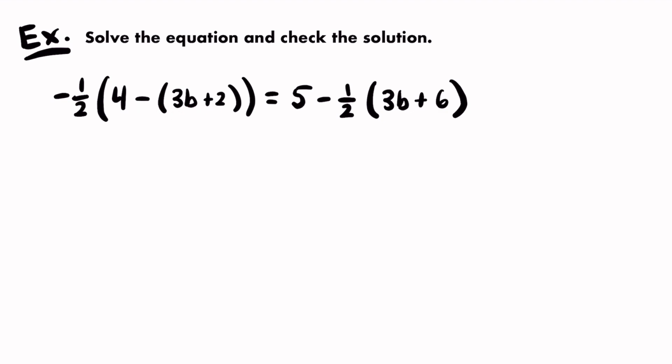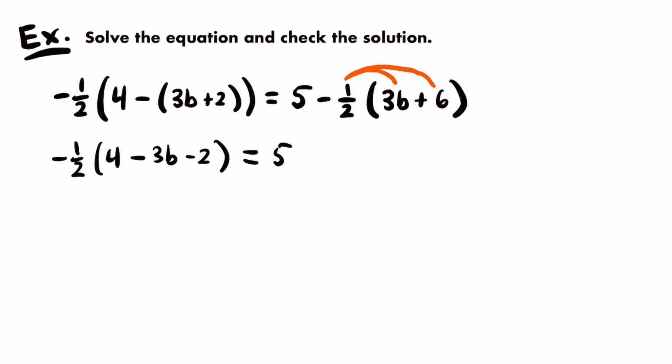All right, so first up we have -1/2 times 4 minus 3b minus 2, and then that will be equal to 5 minus 1/2 times this quantity. Now what I'm going to do is distribute -1/2 through this quantity, so I'm going to multiply -1/2 by each of these two terms. All right, we'll multiply -1/2 by 3b and multiply it by 6.